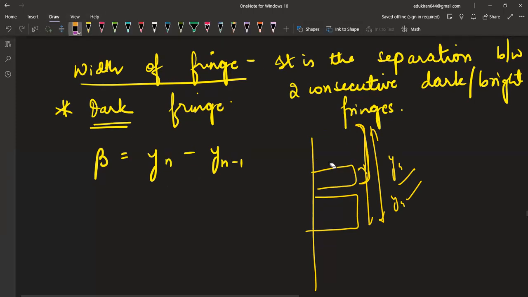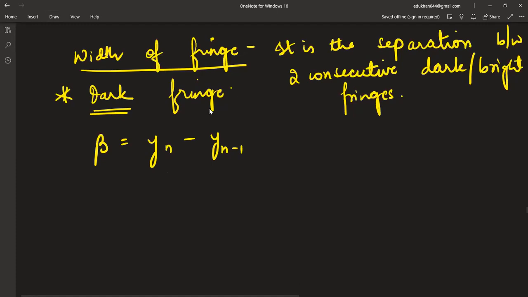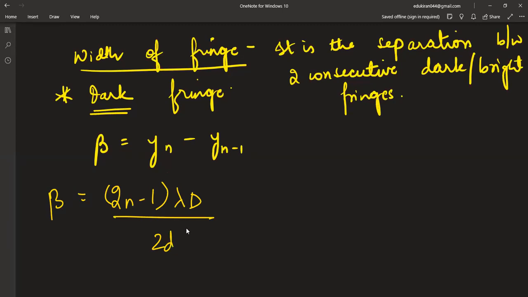You can only find the separation between two consecutive fringes, so one has to be n, the other has to be n minus 1. So beta, the width of the fringe: yn will be (2n minus 1) lambda capital D by 2d, minus, with n as n minus 1, (2(n minus 1) minus 1) lambda capital D by 2d.